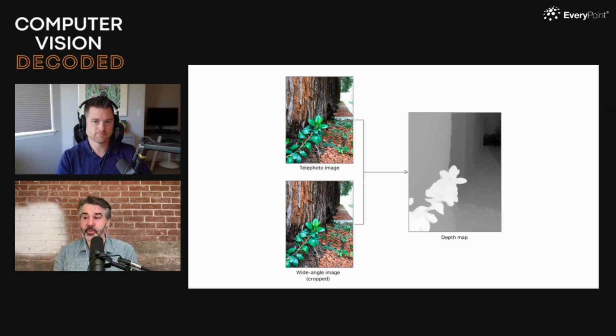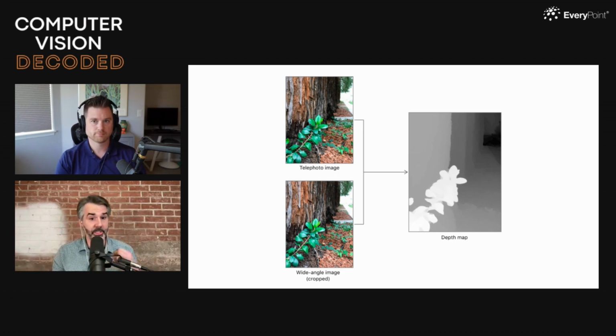Yep. So a depth map describes how far away everything is in the image, and it does that typically on a per pixel basis. So for every pixel in your image, it's going to say how far away that thing is in the scene. For instance, in this picture you're showing on the left, we've got a tree branch, some leaves, a tree trunk behind it, and then things go off into the background.